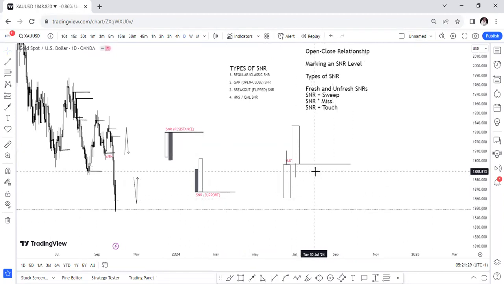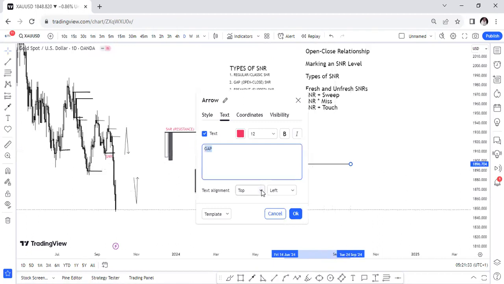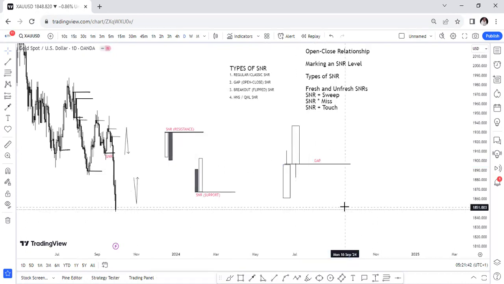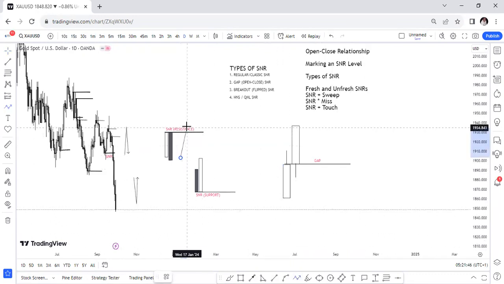So what are we looking for next? We want to look at price. Price should come in later to tap into this before we sell and it withdraws back.